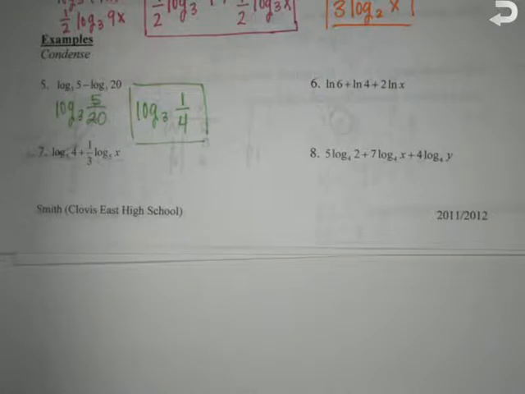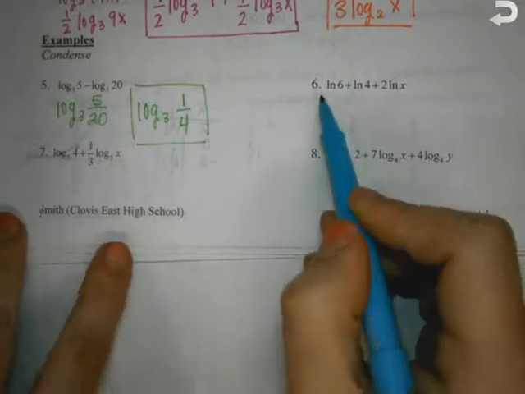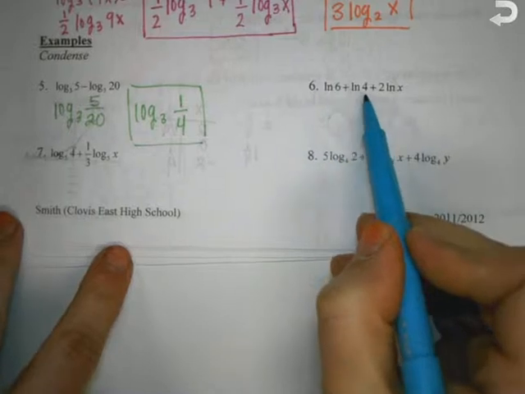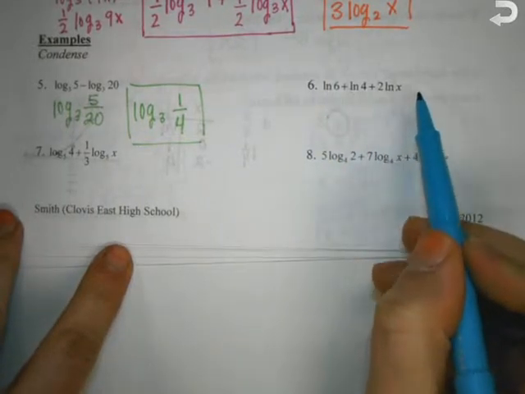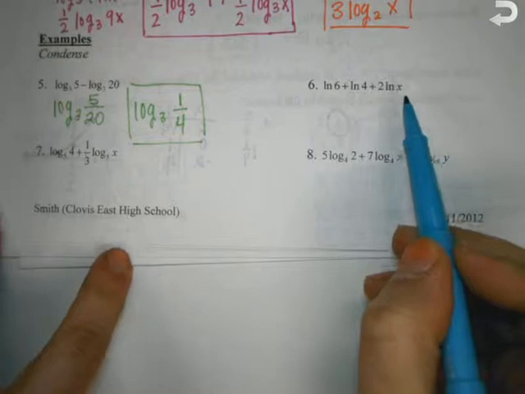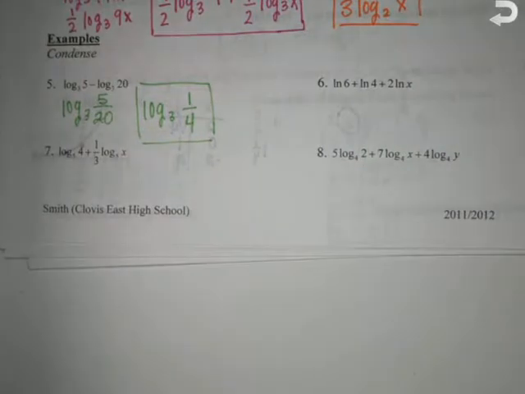Okay. So number 6, natural log of 6 plus natural log of 4 plus 2 natural log of x. What do I want to do first here? I first need to take care of which rule? Oh no, the power rule. If we're going backwards, that means we have to take care of all power rules first. So we have to take this 2 and put it back in here.